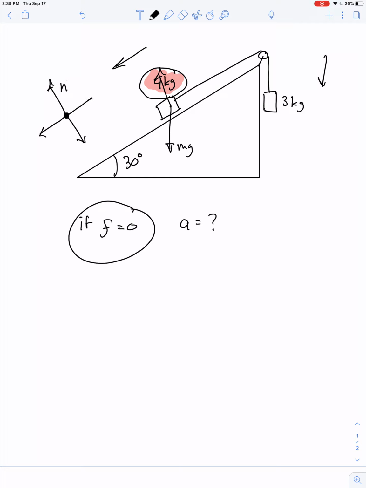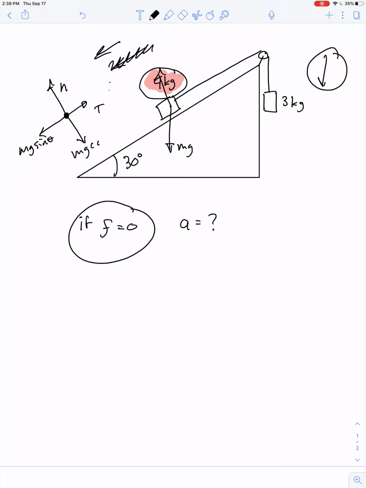The question is, is that tension greater in magnitude than mg sine theta, and therefore the system accelerates in this direction, or is the tension less than mg sine theta, and therefore the system accelerates in that direction? Okay, so we're not sure, but we know whatever the case, the force pointing up the incline is tension.